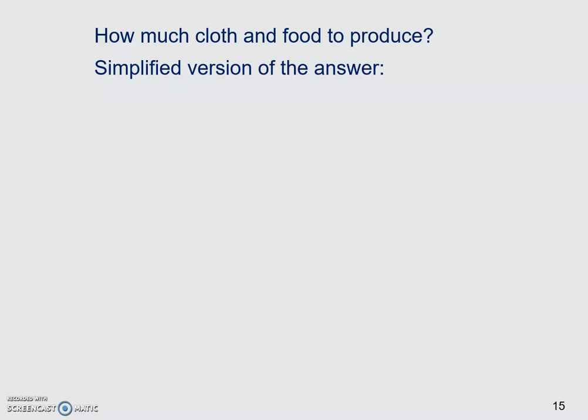Now in this video, we're going to offer a simpler version of the answer, okay? And we're going to rely a little bit upon math and also the graph, okay?